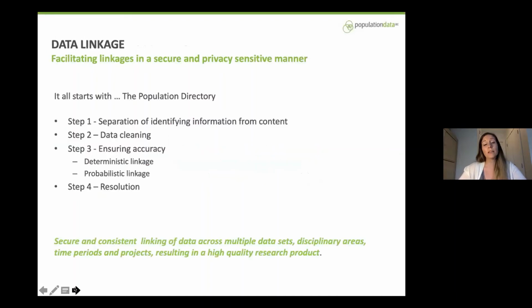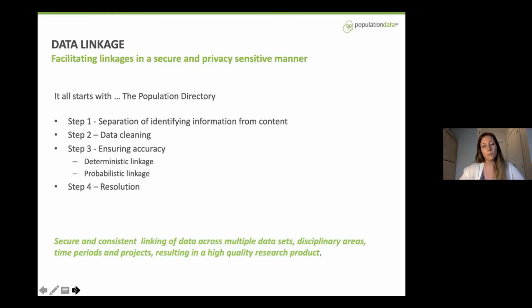When we link the data, we separate the identifying information from the meat and potatoes of any one data set, and we clean up that identifying information. For example, a birth date might be incomplete, or it might say somebody was born in 2050. Clearly that's incorrect. We'll cross-reference that with another data file to ensure the birth date is correct and do some other data cleaning.